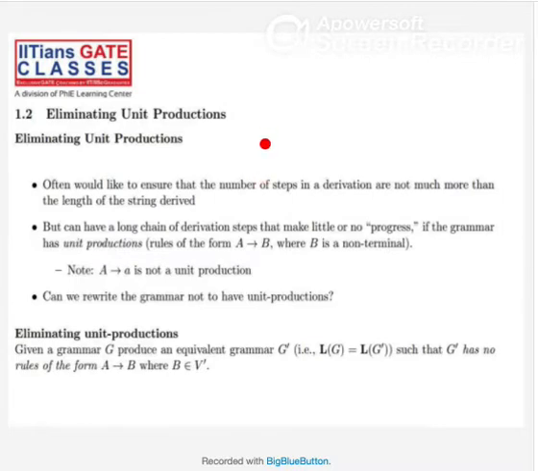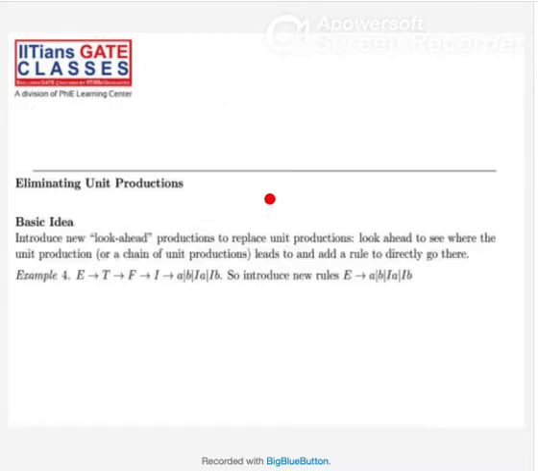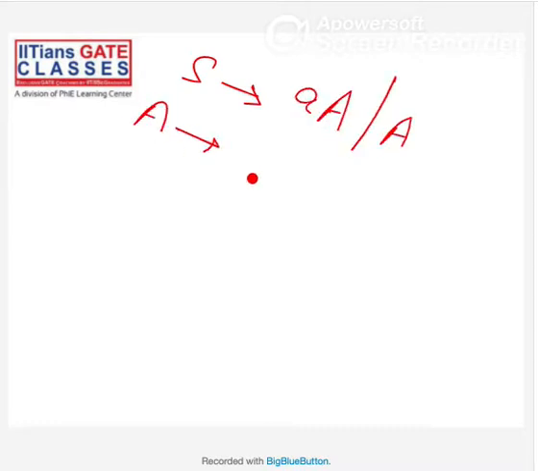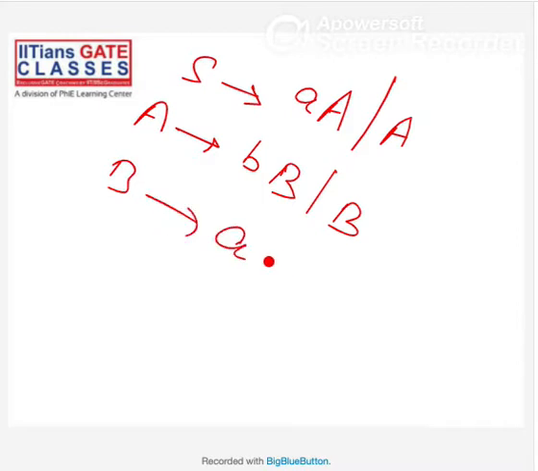Let's take one example. Let's assume you have S goes to A, A goes to B, and B goes to, let's assume, AA.